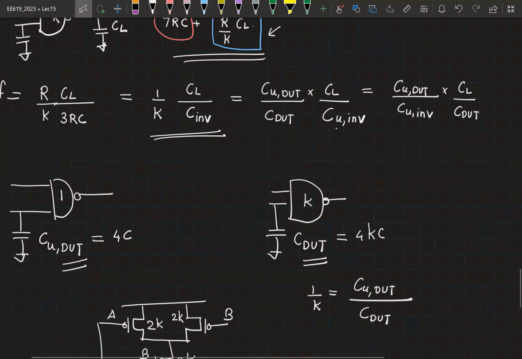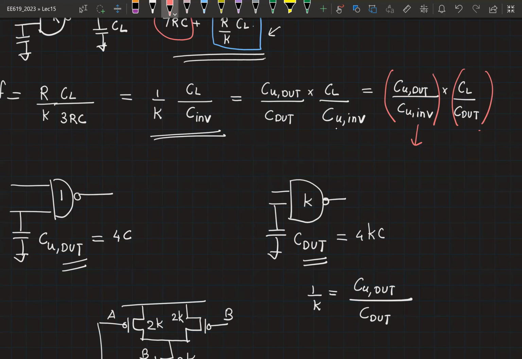So this now has two terms. What comment can you make about the first term? Constant for? Can't hear you. Constant for? Yeah. So once you choose a topology, if I say I want a NAND2 gate or a NOR2 gate, this becomes a constant, right?